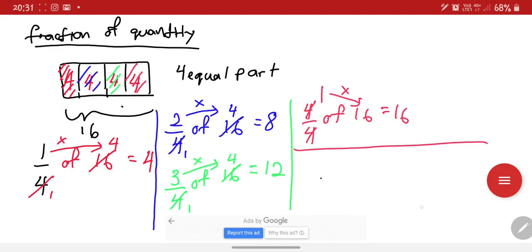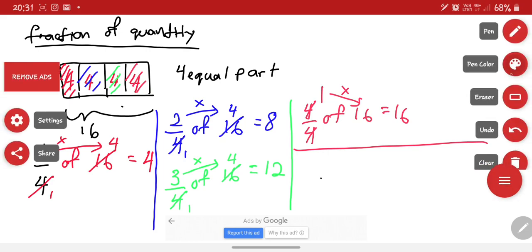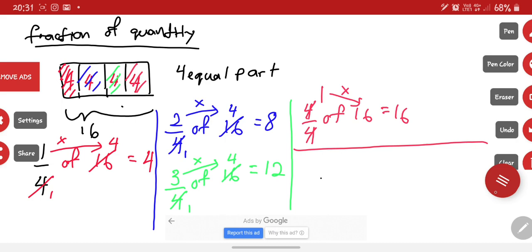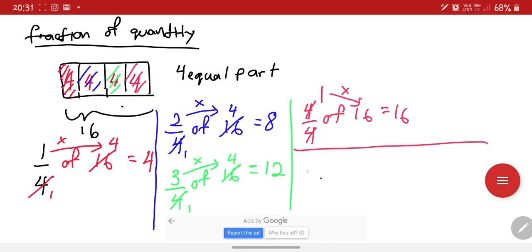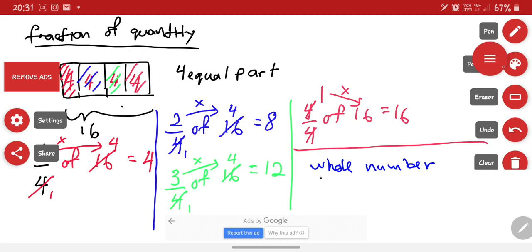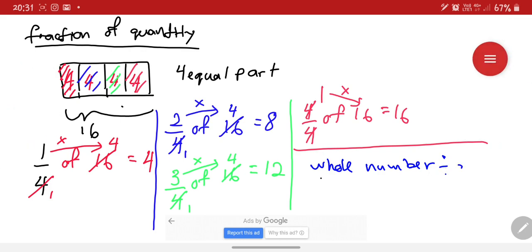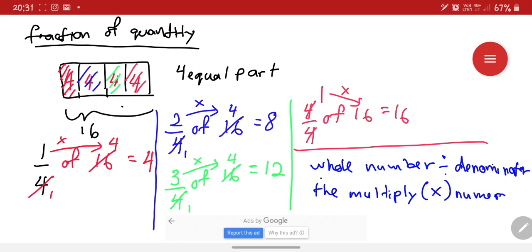So in general, if you want to find a fraction of a value or a fraction of a quantity, the step is: whole number, divide by the denominator, then multiply by the numerator.